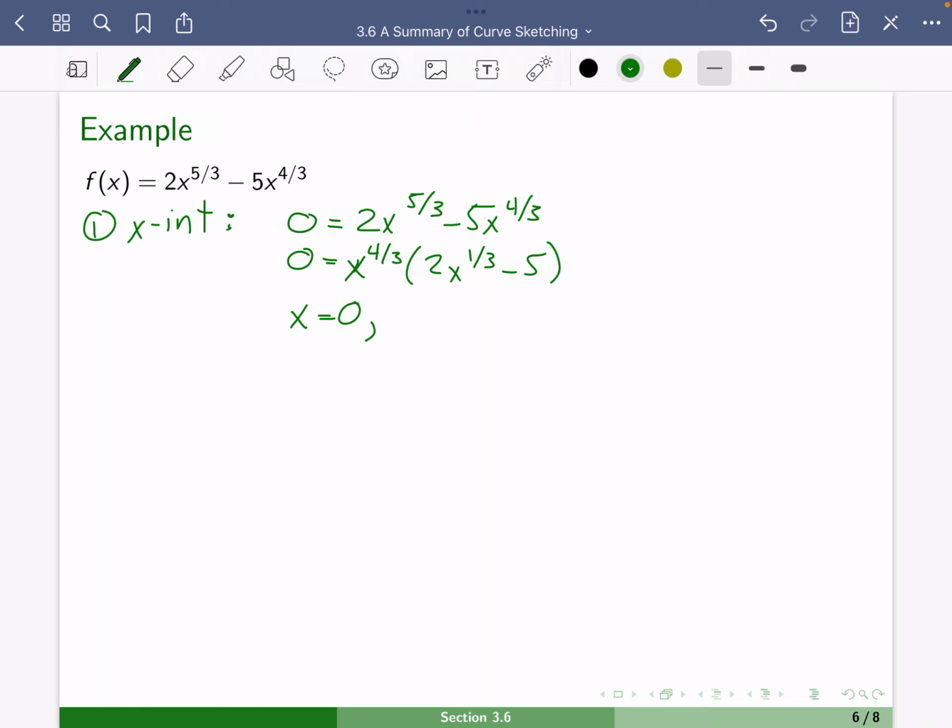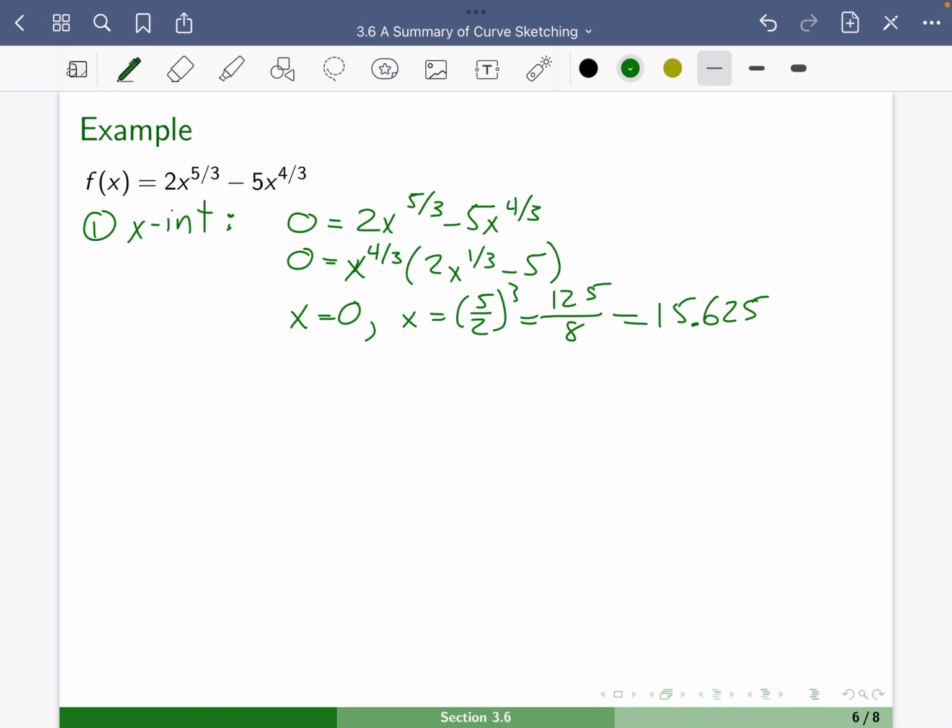And for the other piece, when we set this piece equal to 0, we'll get x to the 1/3 is equal to 5/2. So x is equal to 5/2 cubed, which is 125 over 8, which is 15.625.